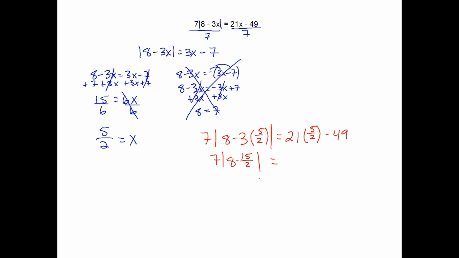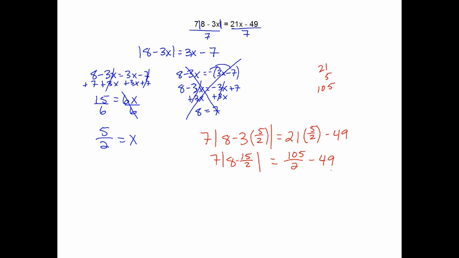So 21 times 5, yeah, the 2 can't cancel that out easily. So let's see. 21 times 5, that gives me 105 over 2. Look at this problem. All of these fractions. Minus 49. Oh, right. That might actually work out nicely.